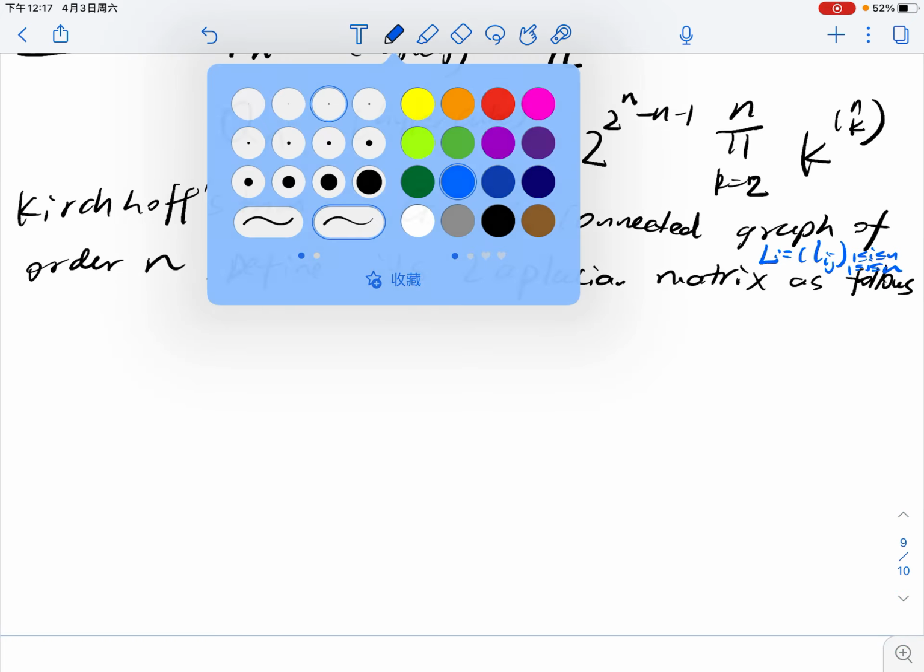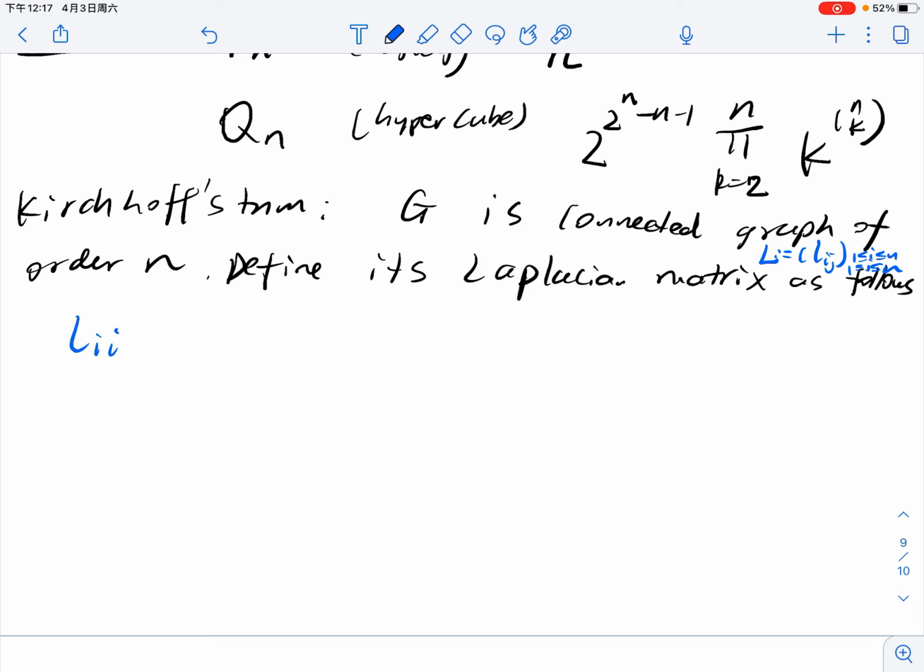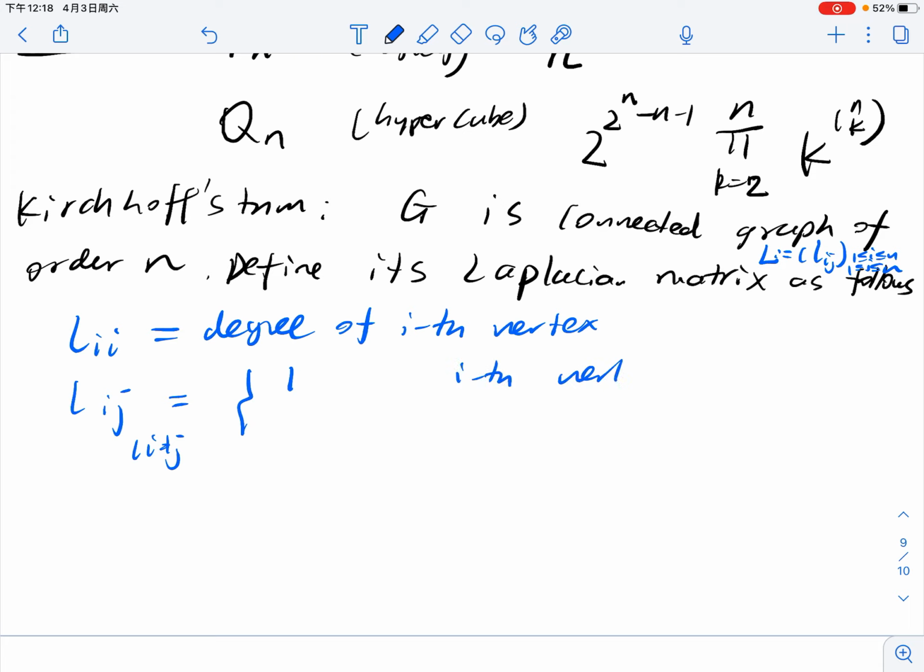And how to define it? So L_ii is the degree of the i-th vertex, and L_ij for i different from j is 1 if the i-th vertex is adjacent to the j-th vertex, 0 otherwise.